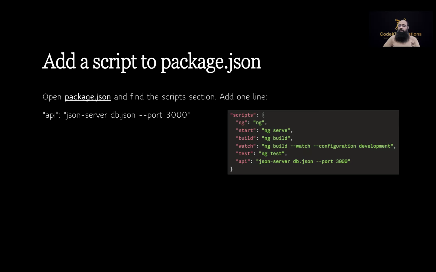On a similar line, within our package.json, we are going to add another key. We are going to call that api, and inside that we are going to keep the package name, the file name and the port that we are going to host this server on. So let's try creating this.